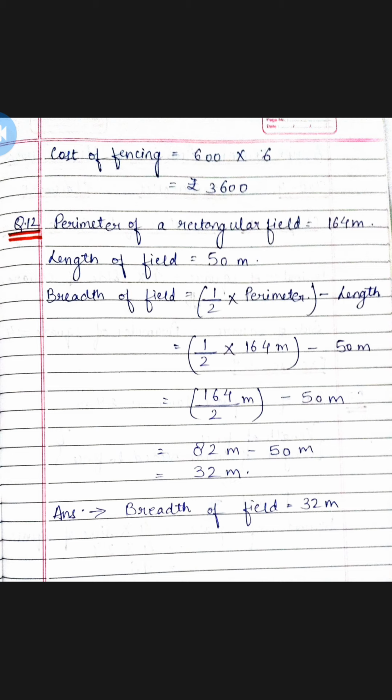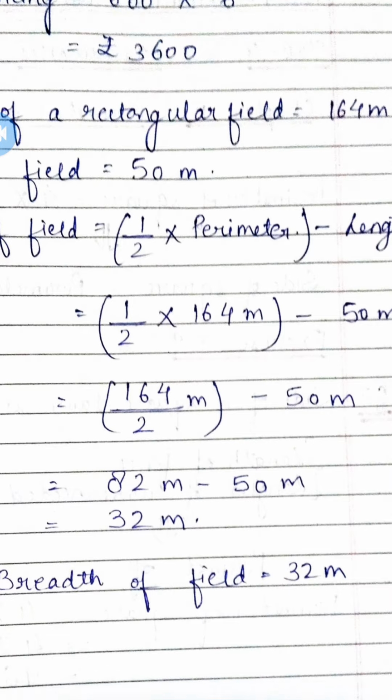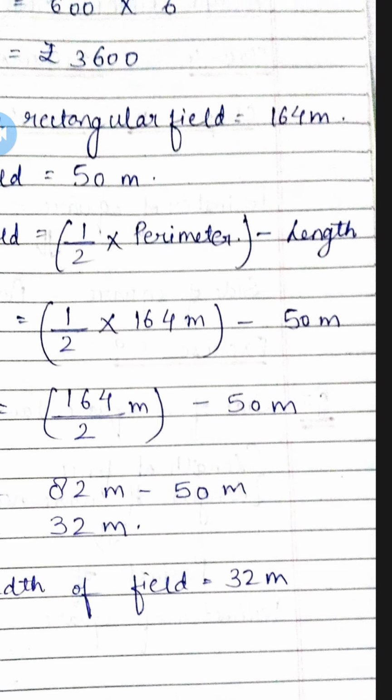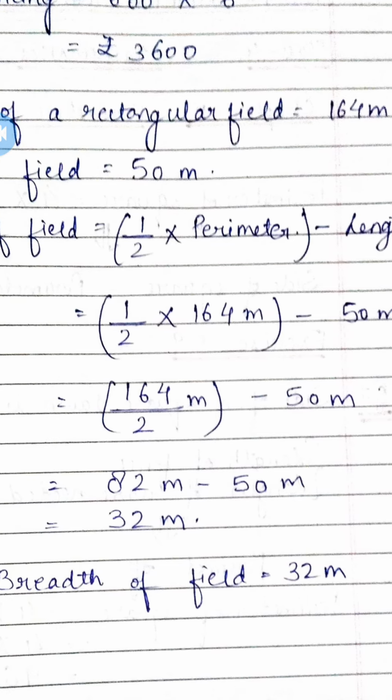Now what you have to find out? Breadth. So the formula for breadth of the field is 1 by 2 multiplied by, within brackets, perimeter minus length. So within brackets, perimeter is how much? It is given 164 meter. So 1 by 2 multiplied by 164 meter minus 50 meter.